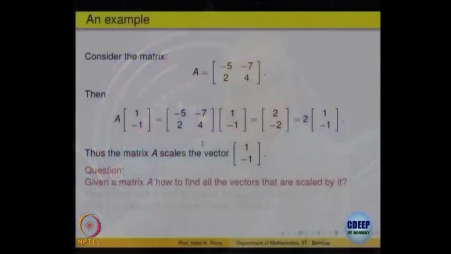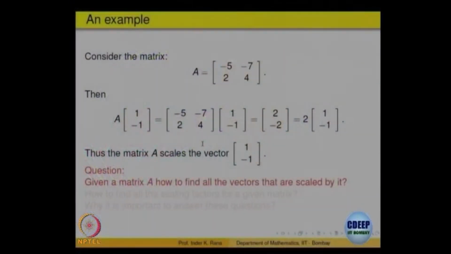Okay. So here is a question: given a matrix A, how do we find all vectors that are scaled by it? For this matrix we have one, which I have given you; how I got it I will tell you soon. And how do we find the scaling factor of a given matrix?